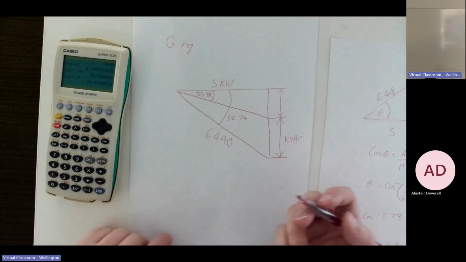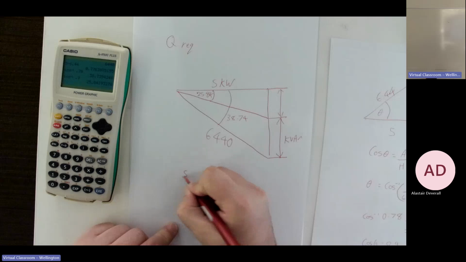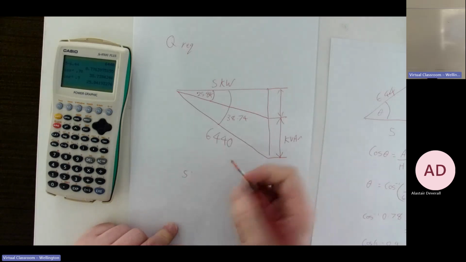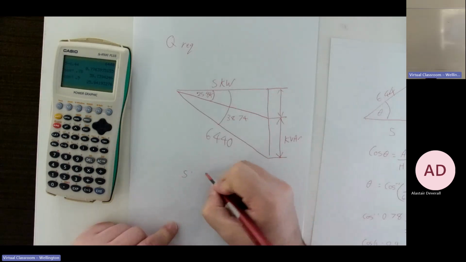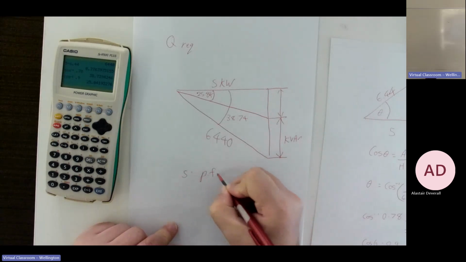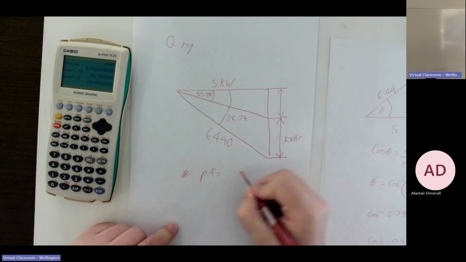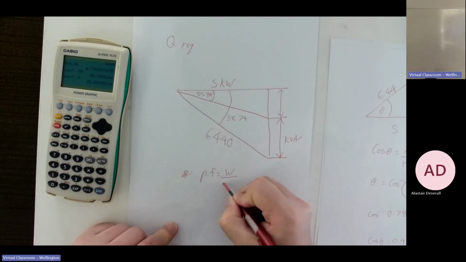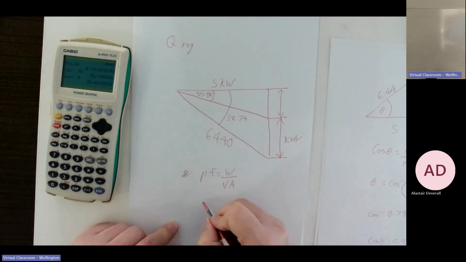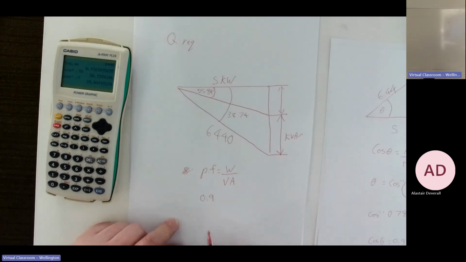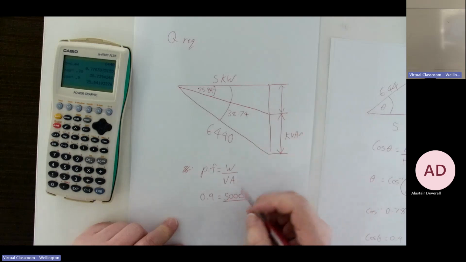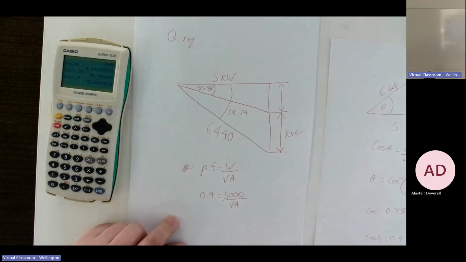So if we start with that method, we have 5 kilowatts, and let me write out the formula. P.F. equals our watts over our VA. Now, we have 0.9 for our power factor equals, the watts never changes, it's our 5,000, over our VA. Now, we don't know our VA.